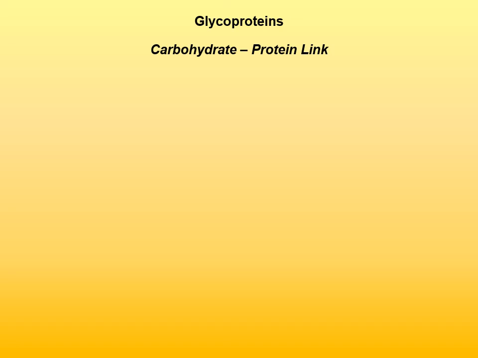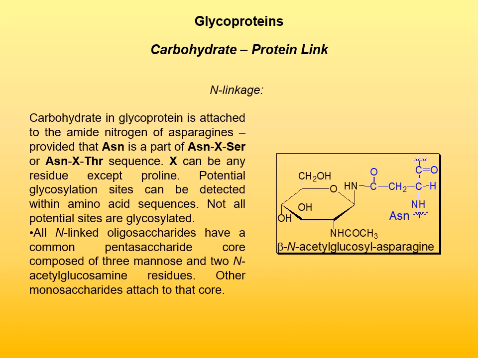Carbohydrate is attached to the protein core by a carbohydrate-protein link, and that link could be an N or O glycosidic bond, so nitrogen or oxygen glycosidic bond. If it's an N linkage, then the carbohydrate in the glycoprotein is attached to the amide nitrogen of asparagine, provided asparagine is part of the sequence asparagine-X-serine or asparagine-X-threonine. So the two amino acids that are needed here besides asparagine are amino acids that have a hydroxyl group in the side chain.